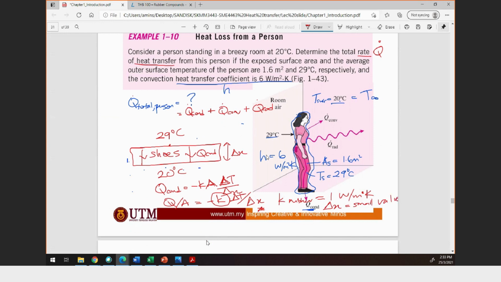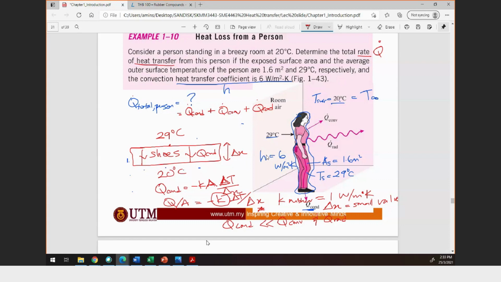So you can see that the Q conduction will be a small value compared to the Q convection and Q radiation. Because the thermal conductivity is very low, and delta X is also small, the heat by conduction can be negligible.